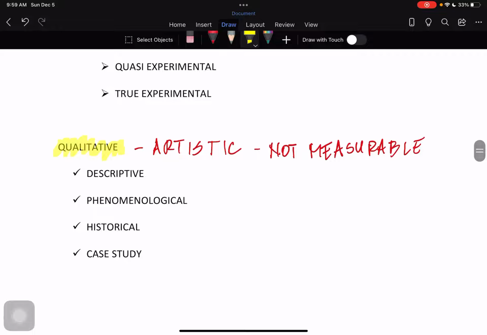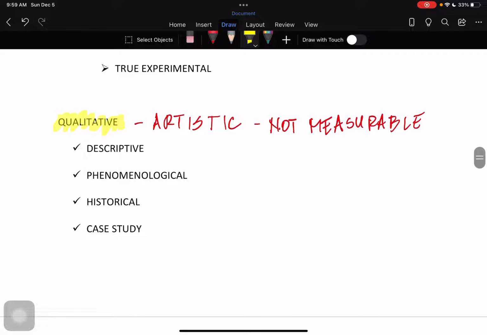While on the other hand, qualitative is not measurable. So it does not use numeric values. So there is no numerical data, because there are no numbers used in qualitative research.